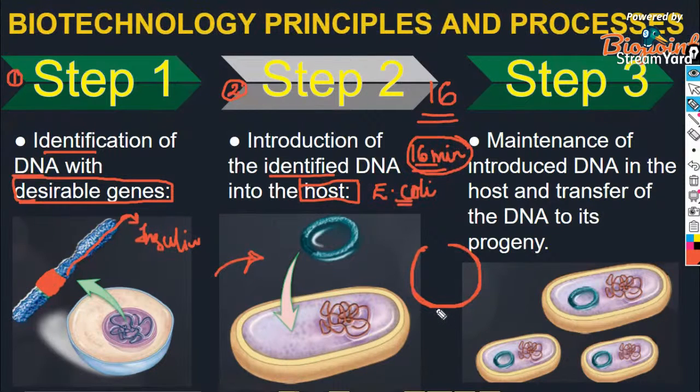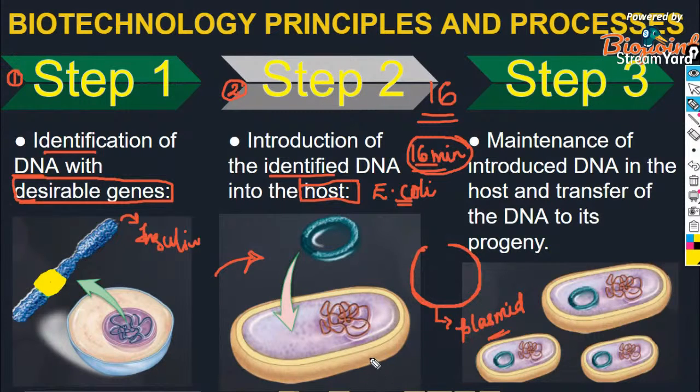So guys, we have to introduce the identified gene into the plasmid of the identified organism or the host cell. Please check everybody. This is the desirable gene for insulin. We have to introduce that into the plasmid of the host cell. I hope you have been taught in the chapter Cell, the Unit of Life, what a plasmid is.